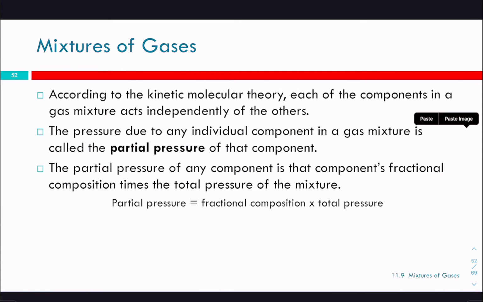So this would be applicable to the lab that we did last week. We're starting to get into this a little bit. According to kinetic molecular theory, each of the components in a gas mixture acts independently of the others. So if you have nitrogen and oxygen in a container together, the particles aren't interacting. So it doesn't matter what the particles inside actually are.